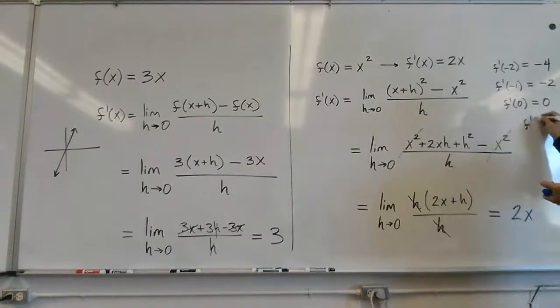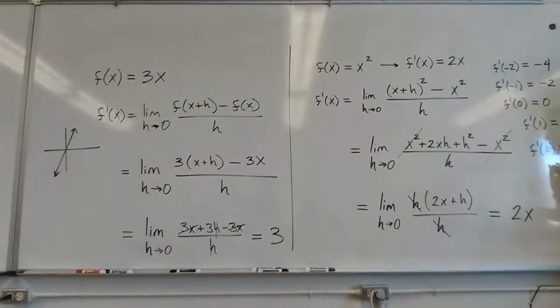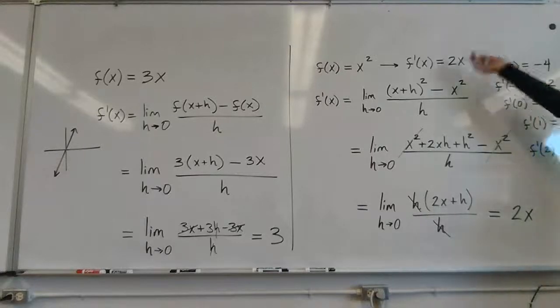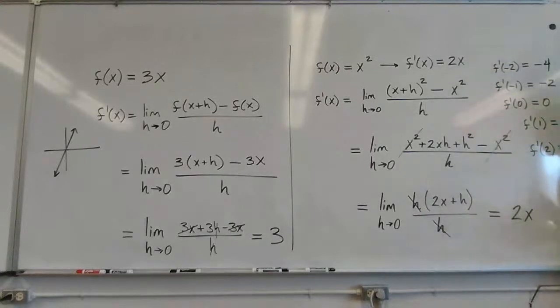So you can see, taking a derivative at an actual x value is a very common thing to be asked. And it's as simple as just plugging in your x value into the derivative function. That's all you have to do. Easy. Okay.